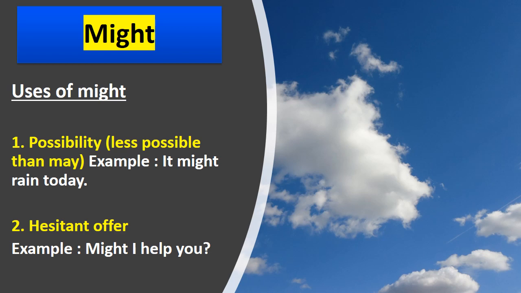But if there are dark clouds, lightning is there, weather is very bad, then we say it may rain today. So here possibility is less, in may the possibility is more. Number 2, hesitant offer. For example, might I help you?